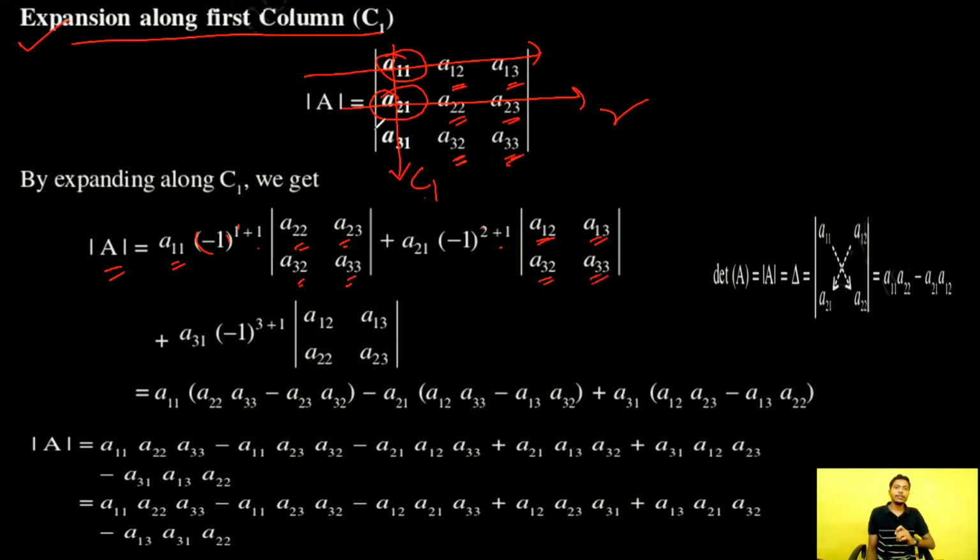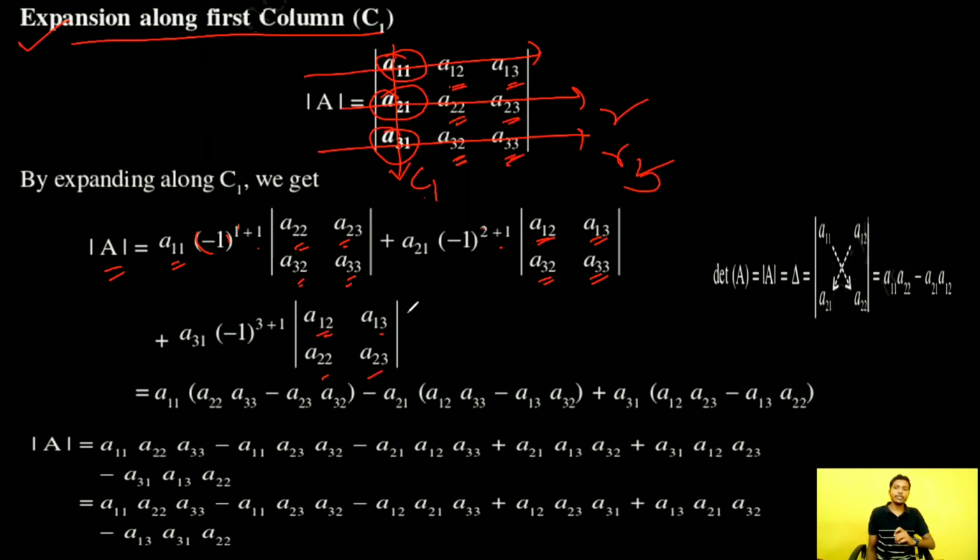Similarly for this element, if we leave the first column and third row, the remaining elements will be a12, a13 and a22 and a23. And this a31 is multiplied by minus 1 to the power 3 plus 1. 3 is the row number and 1 is the column number.